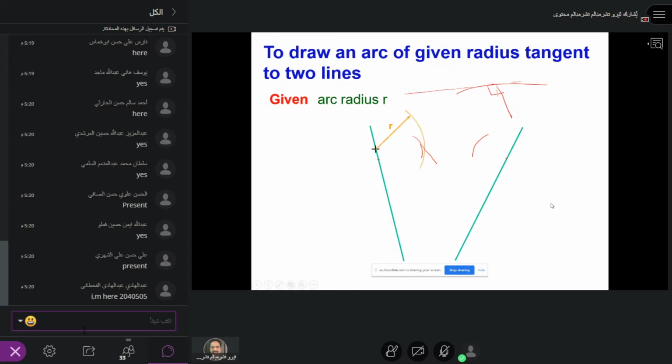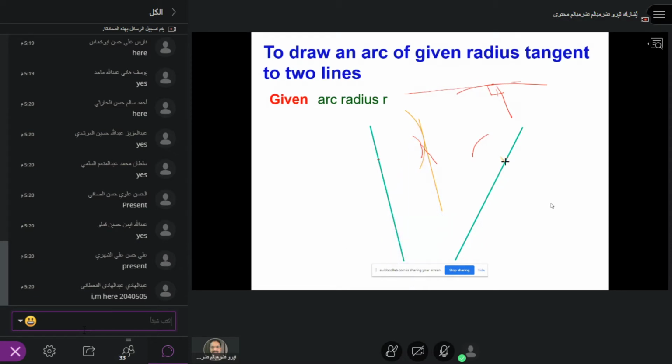Radius r, and make the arc. Use your tri-square and move it parallel until it meets the tangent point. Then draw the parallel line there, and that is tangent to the arc.